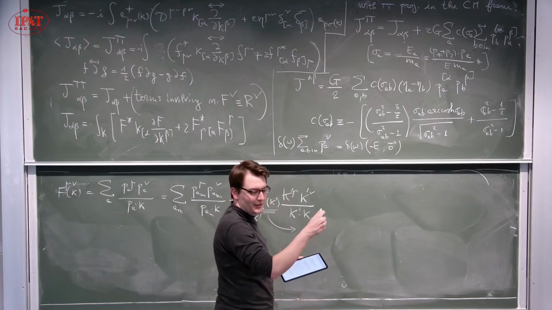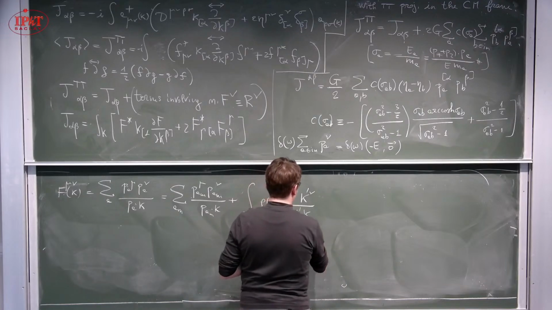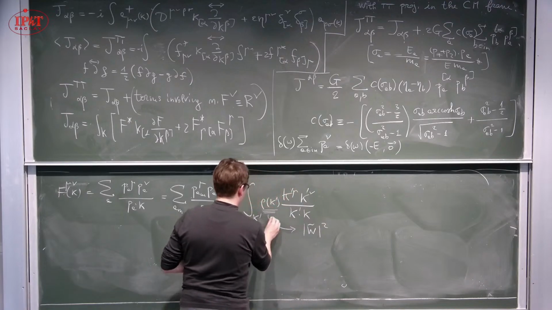So instead of inserting, say, the energy momentum, we should insert the number operator, and this just brings down the waveform squared. This we will see more clearly in the next lecture.